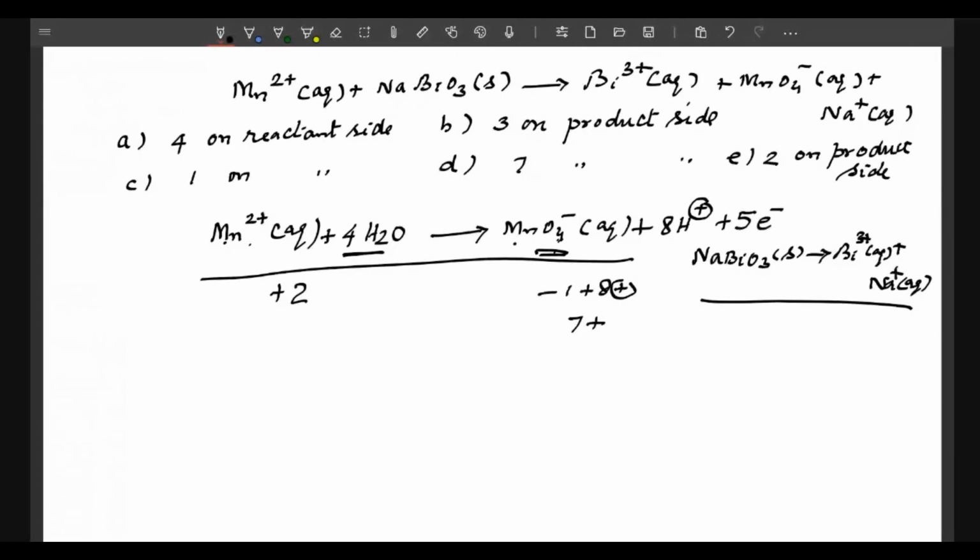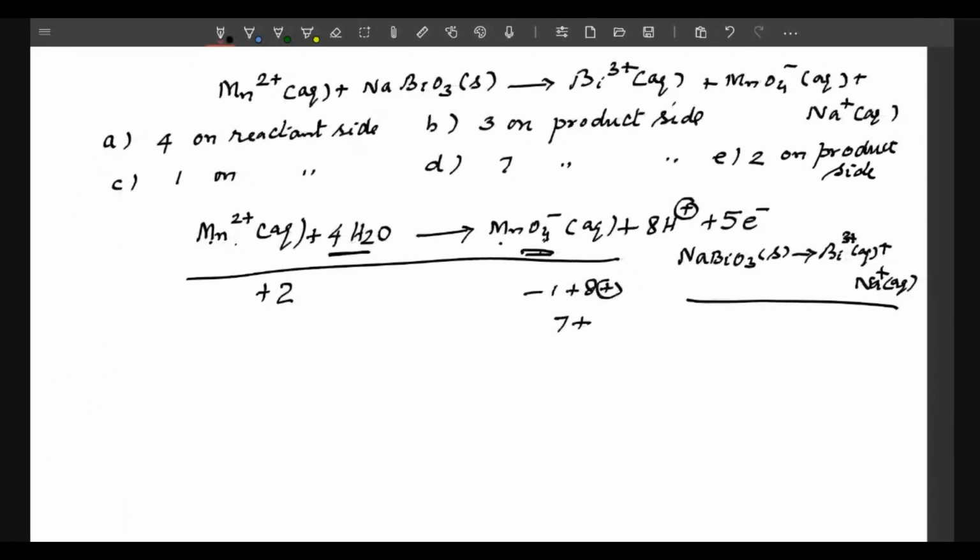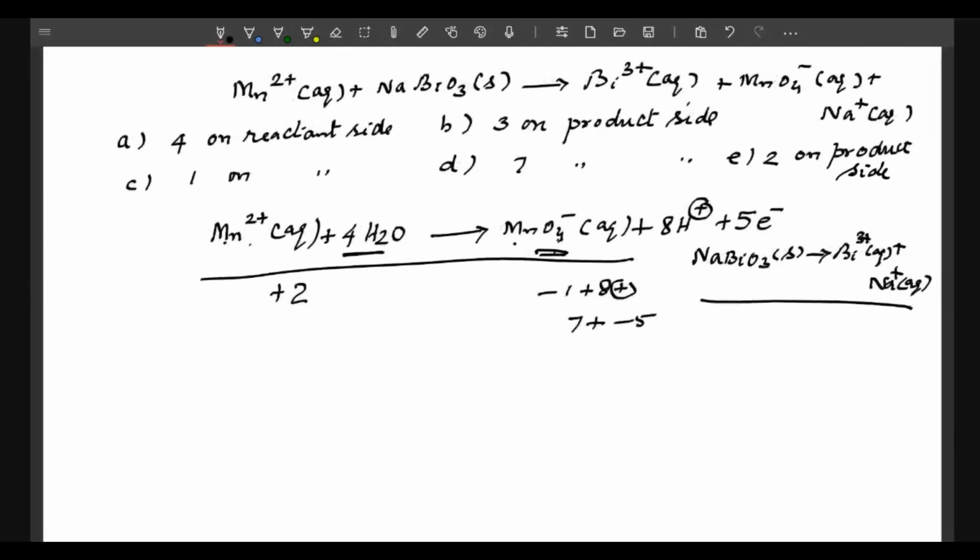Here, the 7 positive charge should be decreased to 2 positive charge by adding 5 electrons on the product side. After adding this, the charge on both sides is plus 2. Now we have balanced one half reaction.